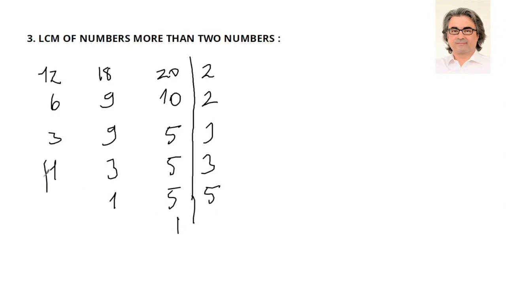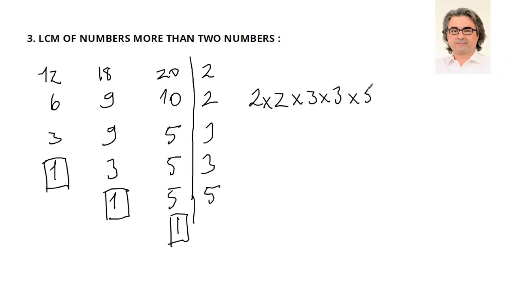I reached 1 for all these 3 numbers by dividing with these prime numbers. And if you multiply these prime numbers, 2 times 2 times 3 times 3 times 5, you will get the least common multiple of 12, 18, and 20.